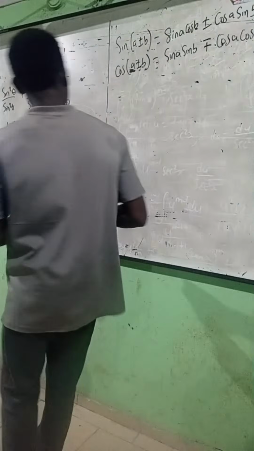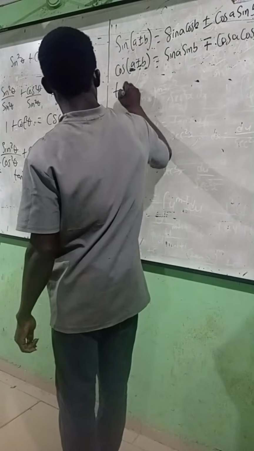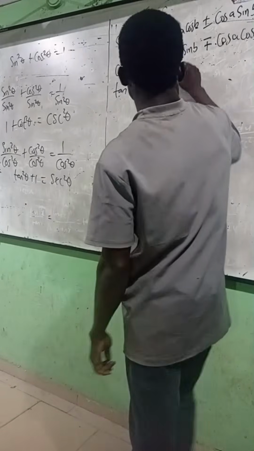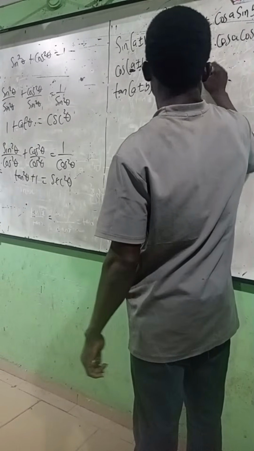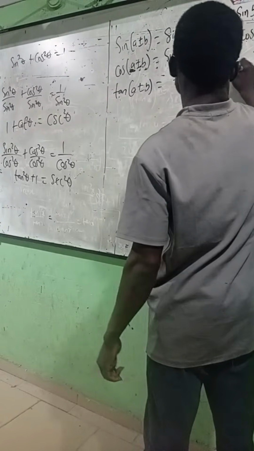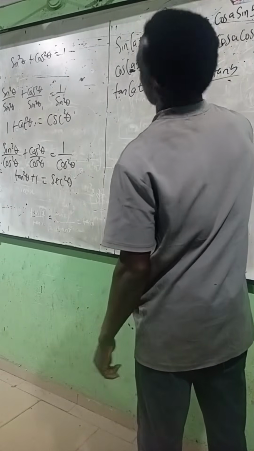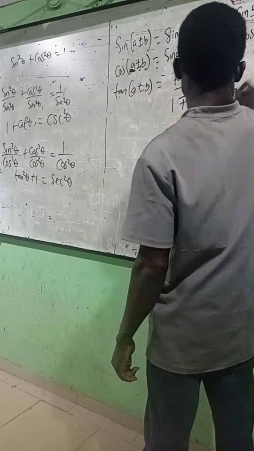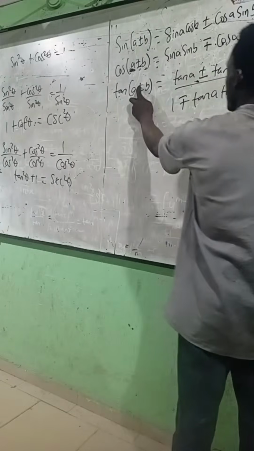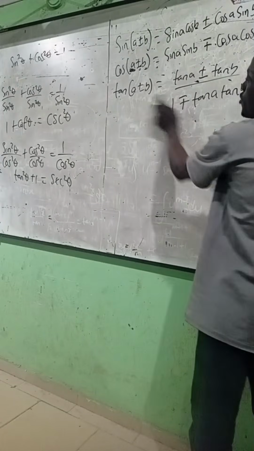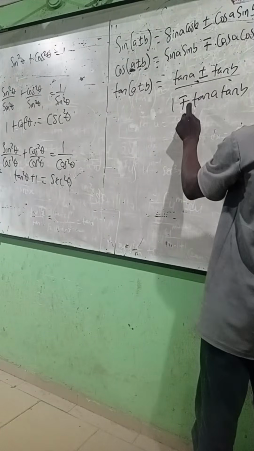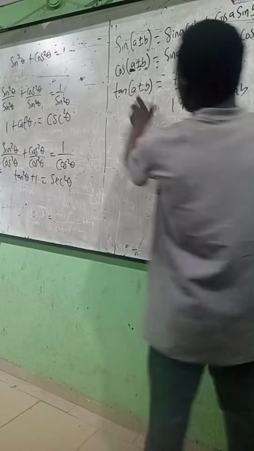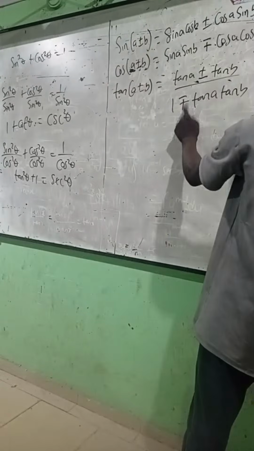So now for tan (A plus or minus B) equals tan A plus or minus tan B over 1 minus or plus tan A tan B. That is, if you have plus on top, there will be minus below, and if you have minus on top, there will be plus below.